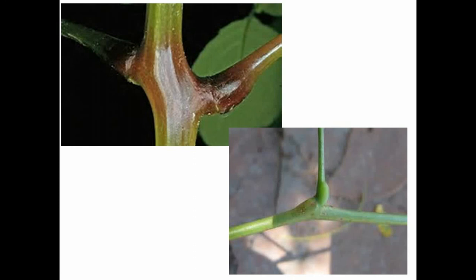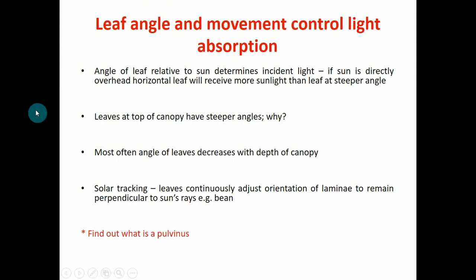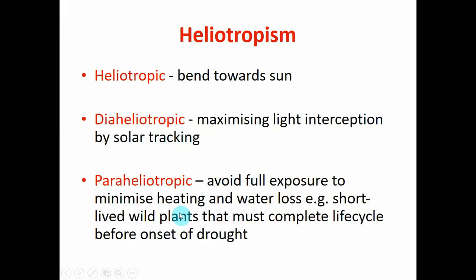It's different for every plant. You can see here this pulvinus looks different to this one, but ultimately that's going to determine how steep the angle is or not, and how it's going to move during the day, solar tracking. So that's the job of a pulvinus.